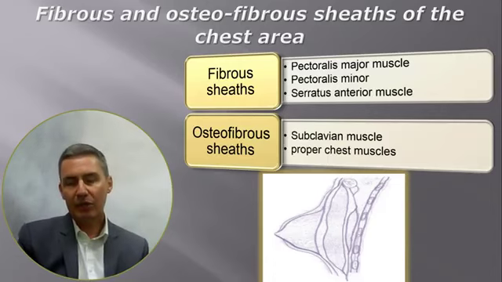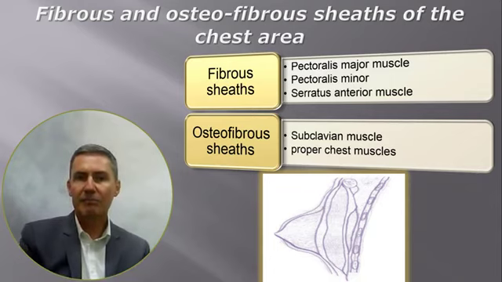So fibrous sheets are formed by the fascial covering of the pectoralis major muscle. Next is the fascial covering of the pectoralis minor muscle and serratus anterior muscle. So all these three muscles, pectoralis major, pectoralis minor, and serratus anterior, are located in the fibrous fascial sheets.